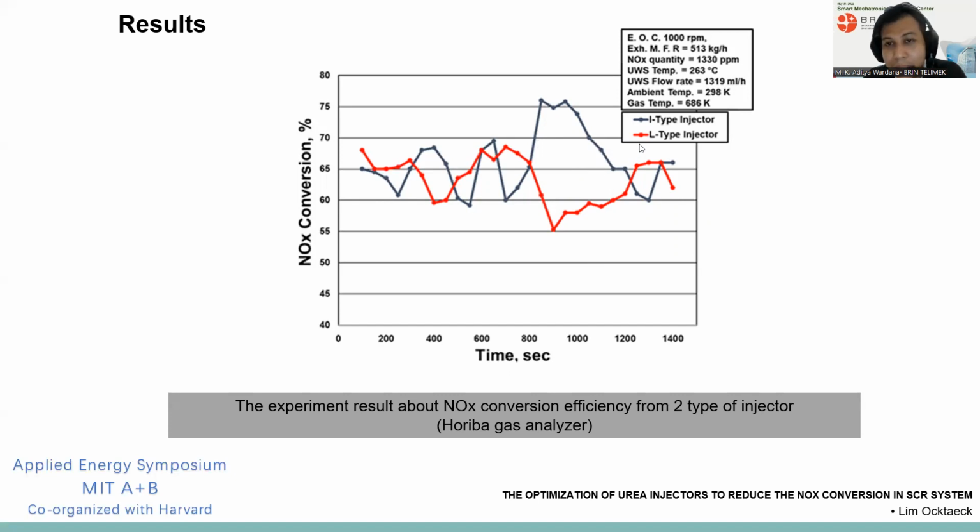I think the I-type is better. So maybe in the future we will increase the mixer here, so we can understand the differences in the I-type with a low mixer and with a higher mixer. With a higher mixer, the ammonia uniformity may be better, and maybe the NOx conversion will also be better.